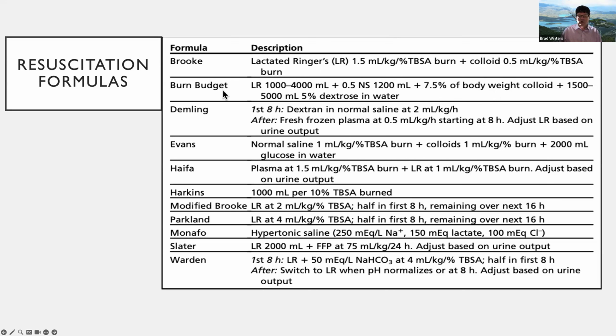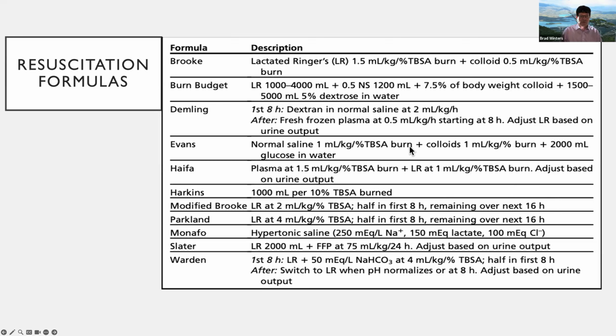Probably the most popular ones that are used, at least in the United States now, are the modified Brooke and the Parkland formula. As you can see, most of the formulas are based on an 8-hour time point, and then you reassess, and then the rest of the fluid is given over the next 16 hours for a 24-hour process.